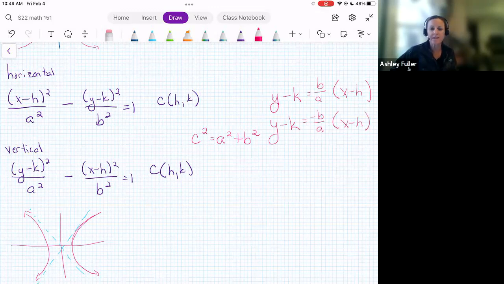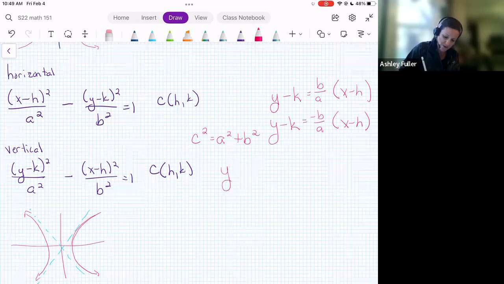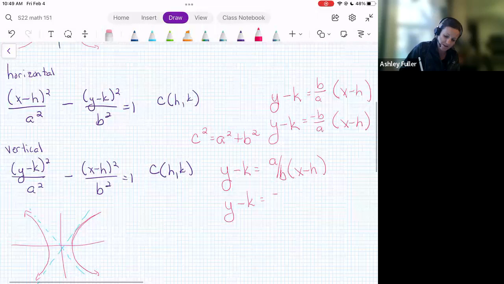So notice they're two lines that are going to cross each other with opposite slopes. Likewise, for the vertical hyperbola, those asymptotes can be found with y minus k equals a over b, instead of b over a, times x minus h, and y minus k equals negative a over b times x minus h.